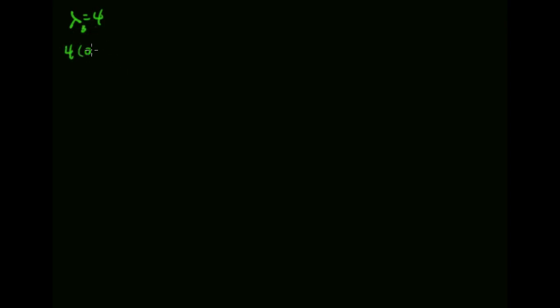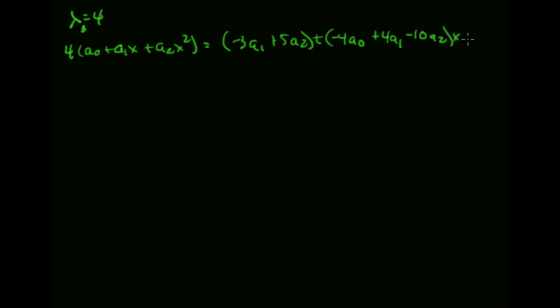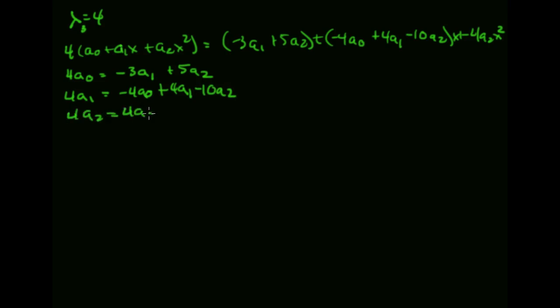So 4 times a0 plus a1x plus a2x squared should be negative 3a1 plus 5a2 plus negative 4a0 plus 4a1 minus 10a2x plus 4a2x squared, which means I get these equations. 4a0 should be negative 3a1 plus 5a2. 4a1 should be negative 4a0 plus 4a1 minus 10a2. 4a2 should equal 4a2.